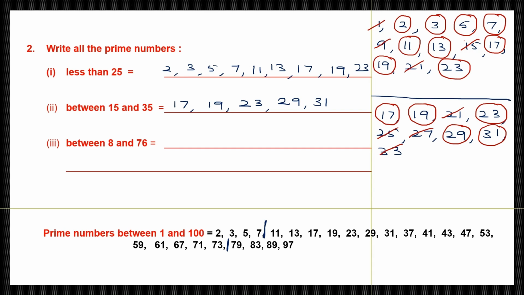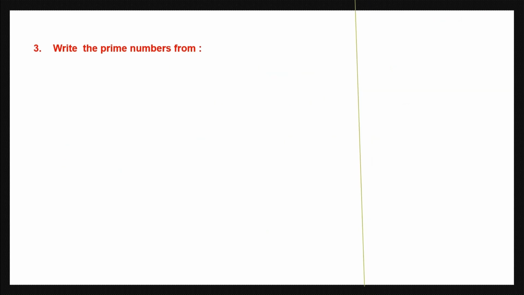So let's write down all that. 11, 13, 17, 19, 23, 29, 31, 37, 41, 43, 47, 53, 59, 61, 67, 71 and 73. So if you learn all the prime numbers between 1 and 100, it will help you write answers to these questions. Let's go on to question 3.